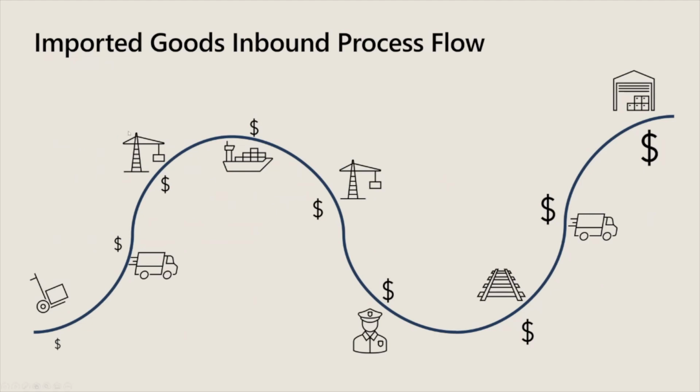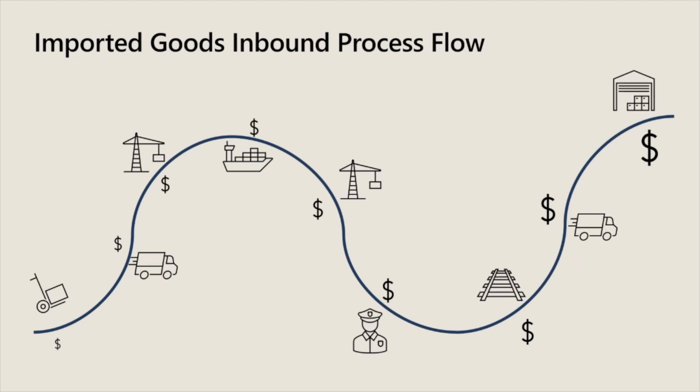You can see here, once the goods are shipped from the vendor, if we start at the bottom left, as the goods leave the vendor warehouse, they might be placed on trucks where they are transported to outbound ports, where they are then loaded onto a boat or a ship or a vessel, shipped overseas, arriving at an inbound port, where they then also have to incur some additional tariffs or customs or duties or freight.